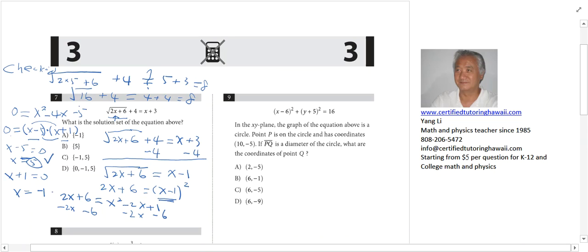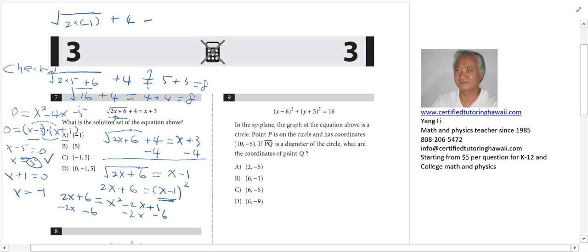Let me put negative 1 in, okay? I put the work here. So I'm continuing the check. You go by square root of 2 times negative 1, and then we plus 4, right?